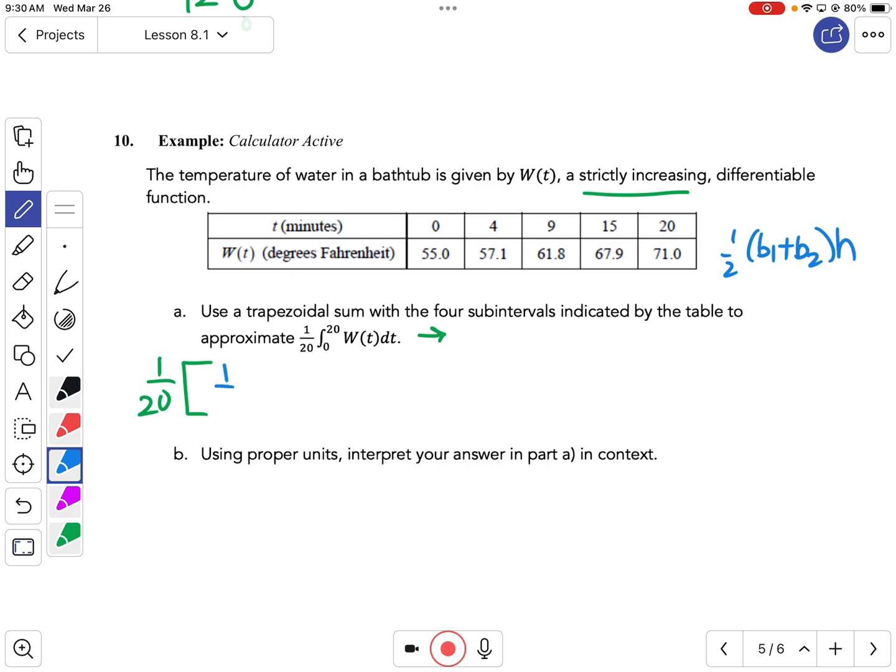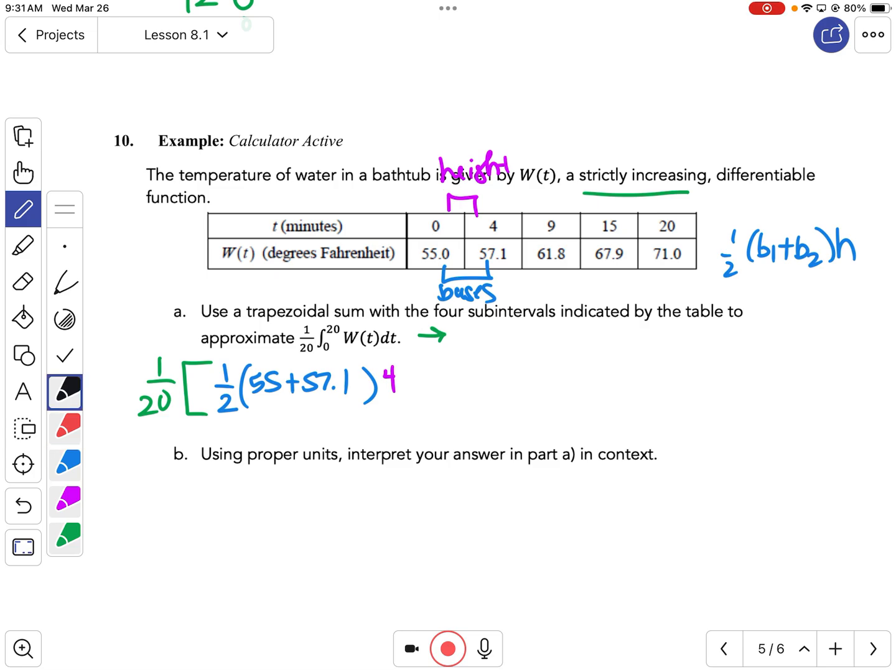So they're going to all have a 1/2, okay? The bases are my y values, okay? So 55 plus 57.1. What is the height of that one? 4, okay? So x's give you your heights, y's are your bases, okay?